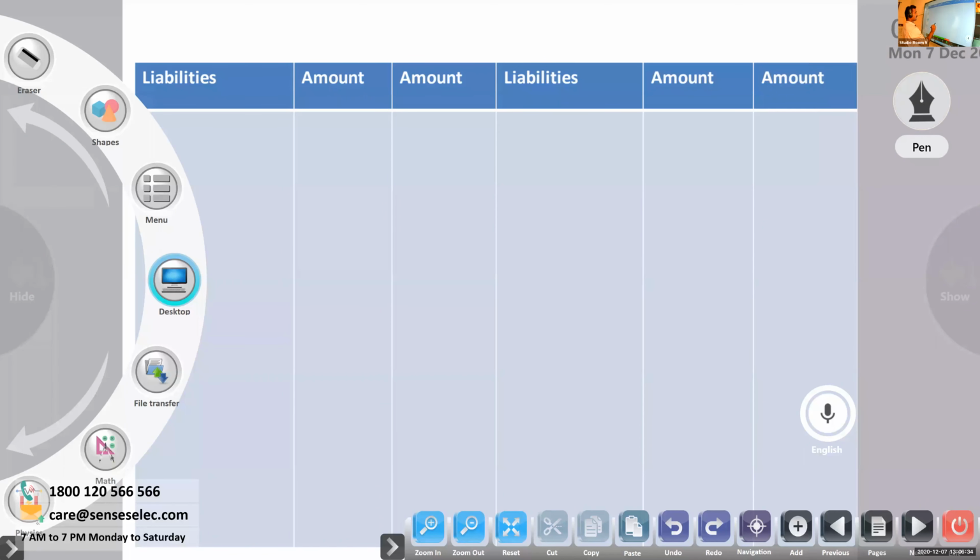Over. Assets total 2,80,000. No. Total 2,38,000.